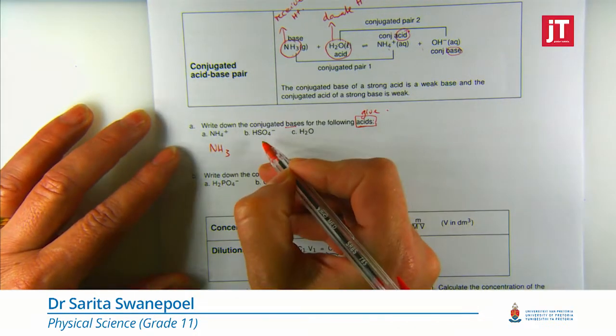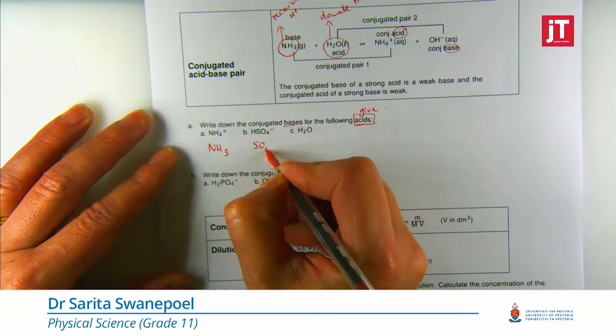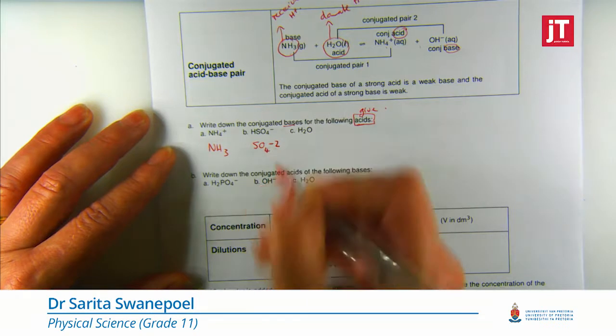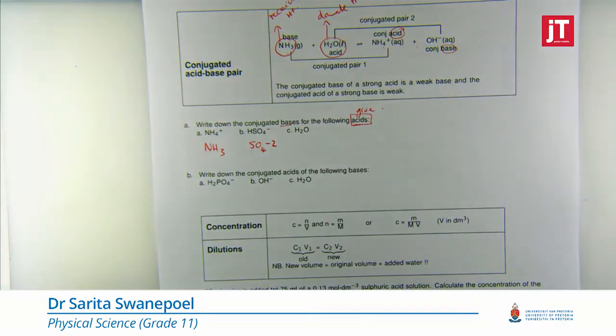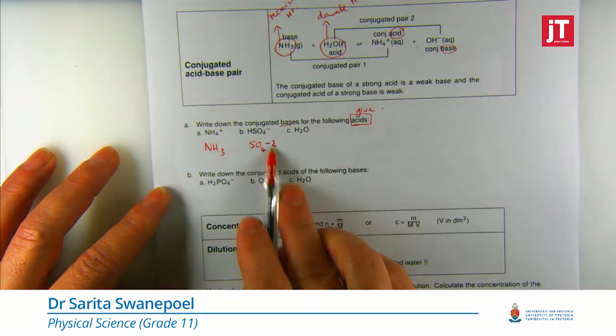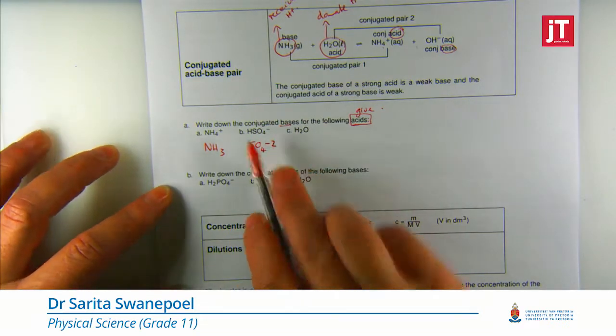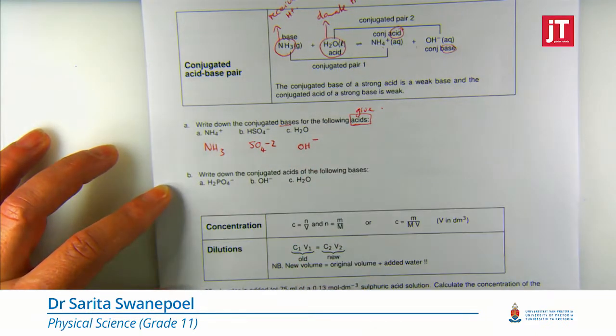If this one gives off an H plus, where do we end up? SO4, but now 2 minus. Very important: we're not just giving off an H, we're giving off H plus, so the charge becomes 2 minus. What about the last one? If we give off an H plus, you will end up with OH minus.